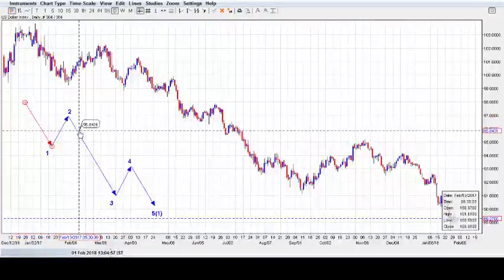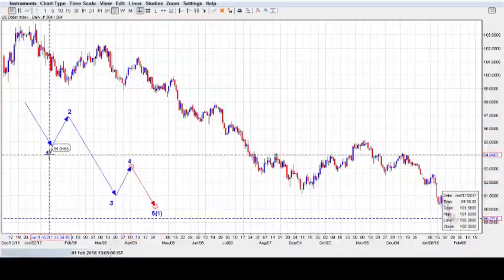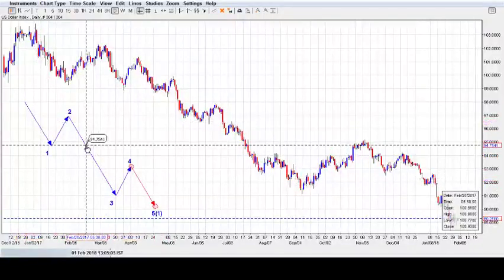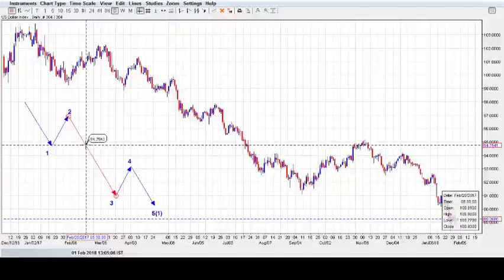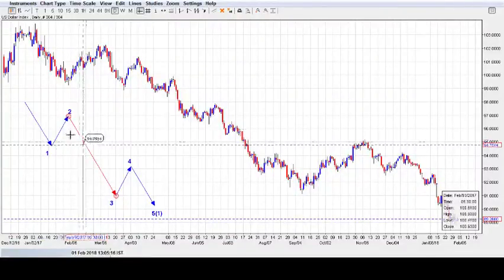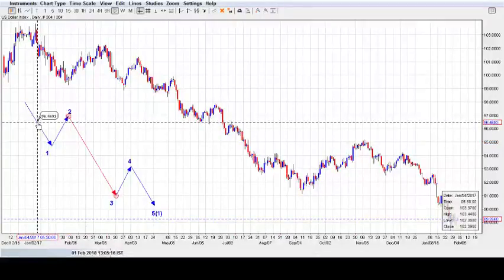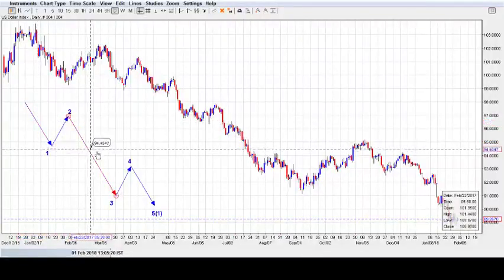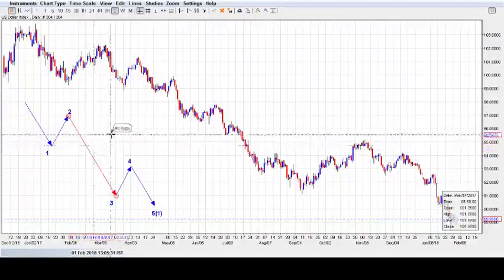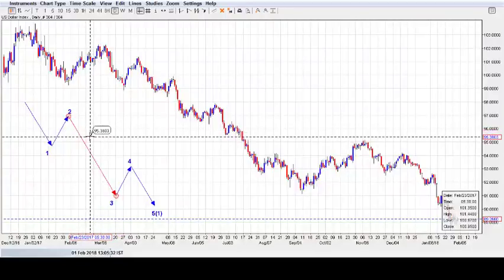Guideline number 3 says that out of waves 1, 3, and 5, wave 3 is normally the largest wave, but it can never be the shortest wave. That means out of waves 1, 3, and 5, most of the time we are going to see wave 3 as the largest and the quickest of them all.